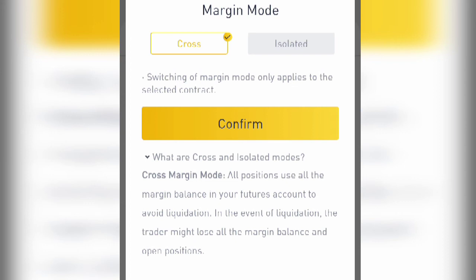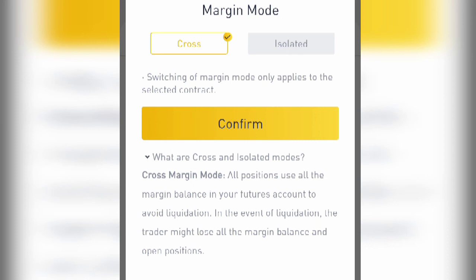Now, the difference between cross margin and isolated is that with cross, you cannot adjust your leverage. With isolated, you can adjust, and you can also add and remove margin. Usually, adding and removing margin helps you to increase your position and to reduce your liquidation point. All this I'm saying might sound confusing, but just stay with me.